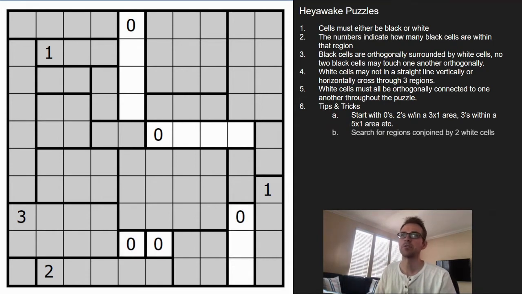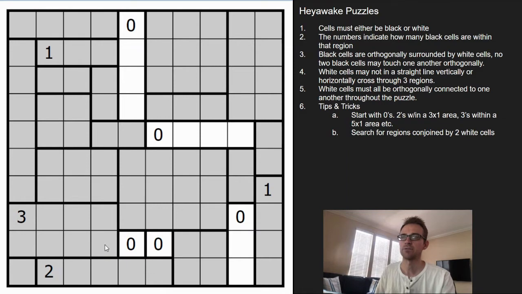The next thing that I'm going to look for is regions that are conjoined by two white cells, or three regions that could be connected. The reason for that is we know that that can't be. So here we have two regions already conjoined. We can't have this third one join the party, otherwise there'd be three regions conjoined horizontally.